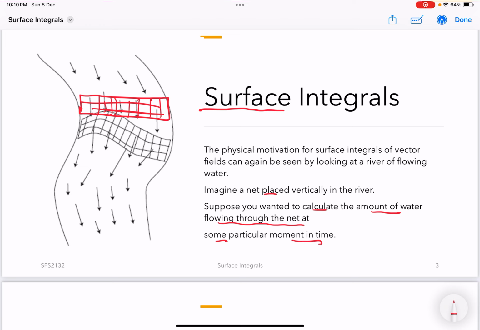So suppose we want to calculate the amount of water through the net at some particular moment in time. Basically, when we want to calculate an amount, we talk about a container. We say water flow, and then we want to measure how much. The easiest way is to have a container here that will collect all the water that passes through the net.